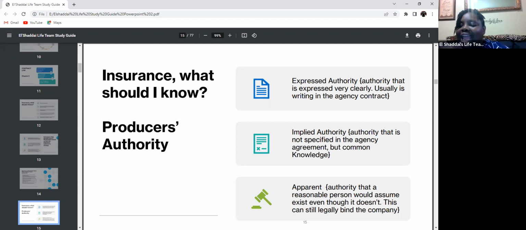Apparent authority is authority that a reasonable person would assume exists, even though it doesn't. This can still legally bind the company. So, 3 types of authority: express, in writing; implied, not specified; apparent, even though it's not written, it still can bind the company if a reasonable person would assume that it exists.